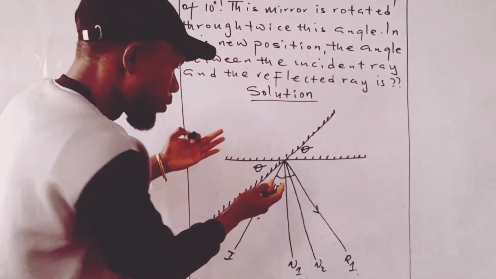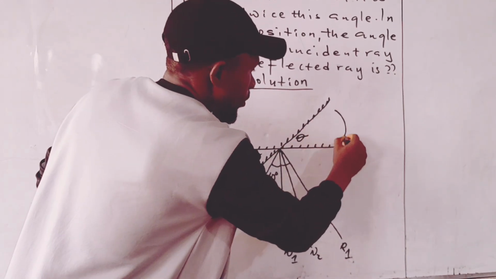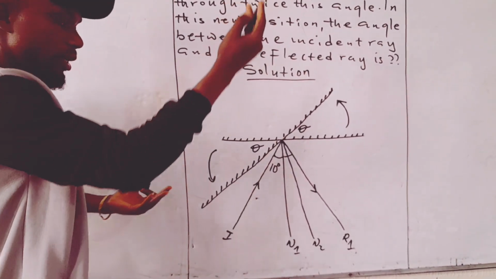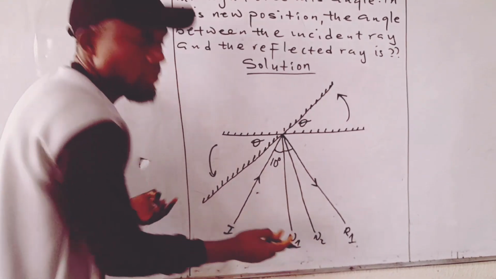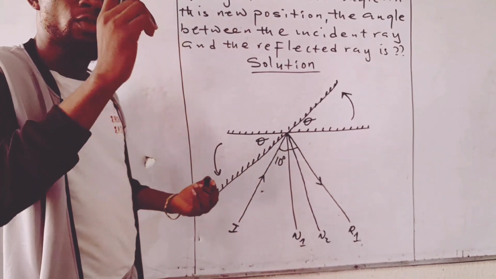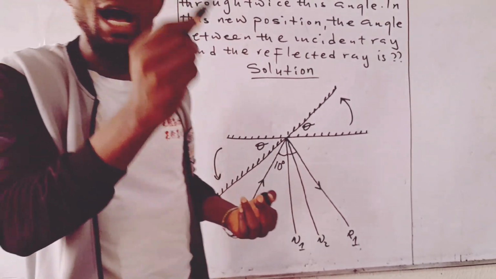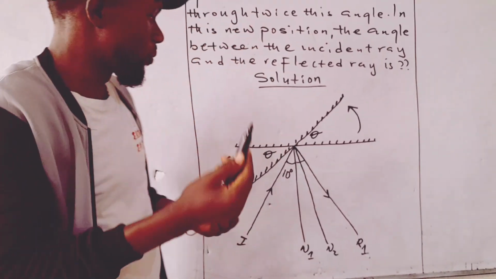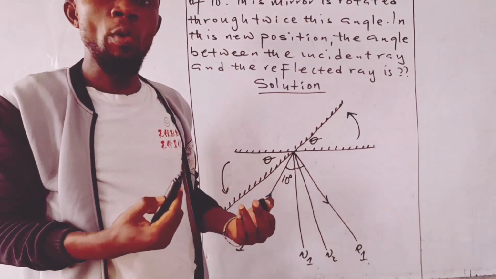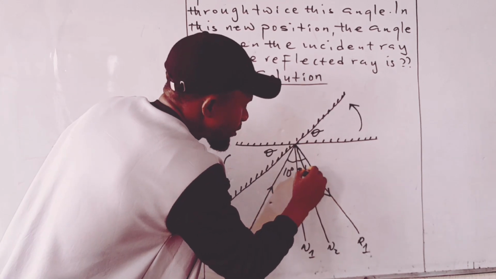When you rotate the mirror clockwise, this normal will shift to give me a new normal, N2. And that new normal will divide my angle of reflection into two. And it is moving with an unknown angle, which is theta. So here is now theta, here is now theta.